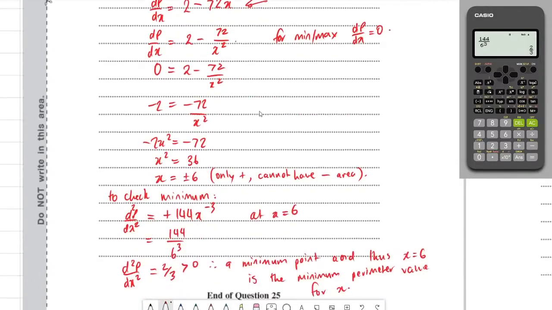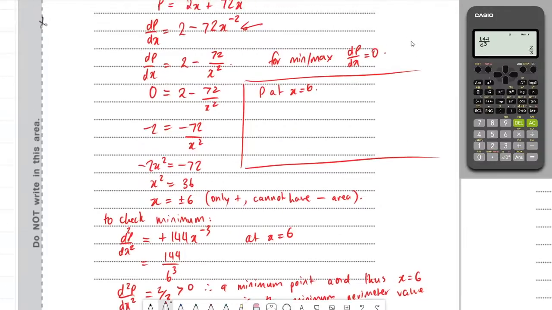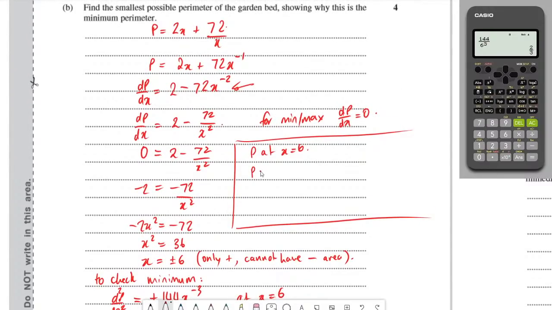Find the smallest possible perimeter. So now we just have to substitute that in. So the perimeter at x equal to 6. My formula for my perimeter is p equals 2x plus 72 on x. So p equals 2 times 6 plus 72 on 6.